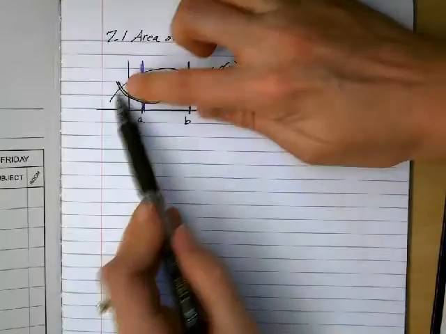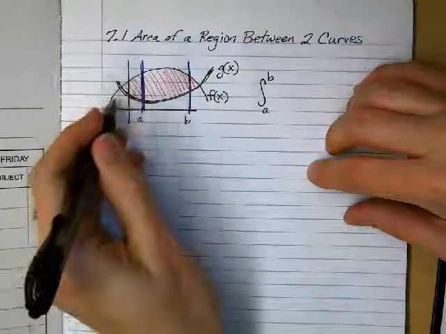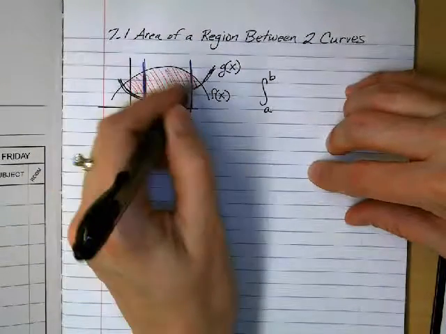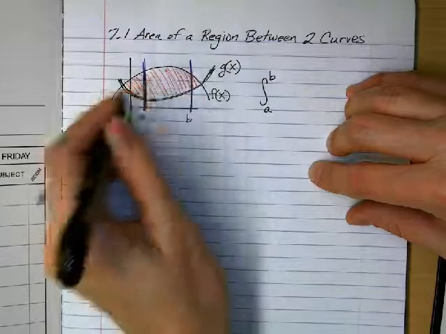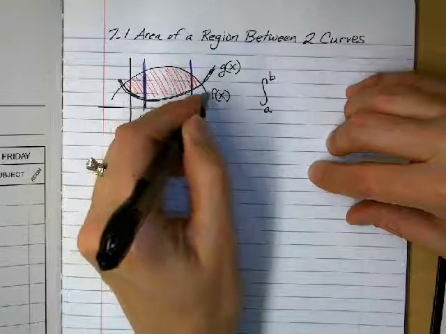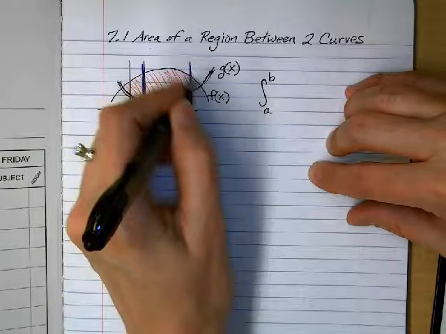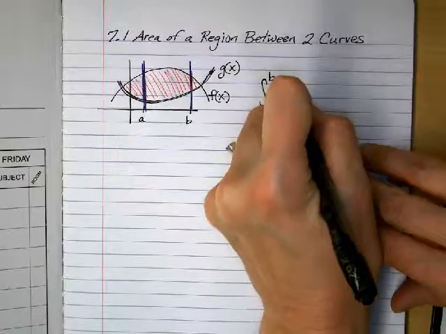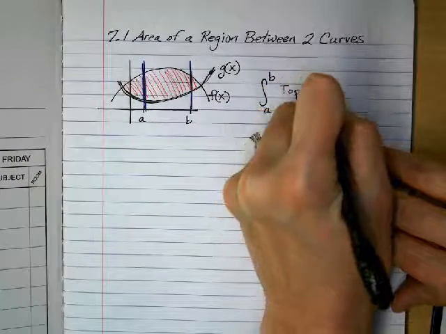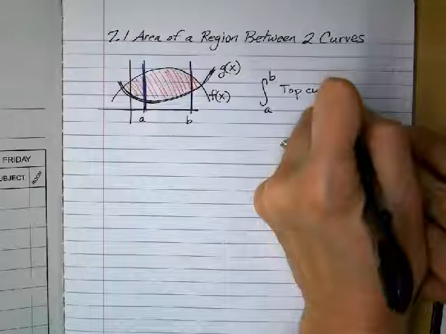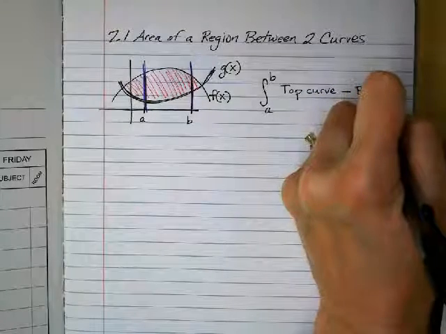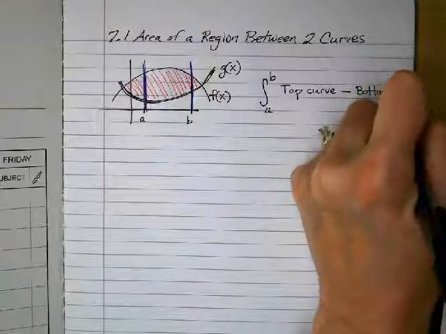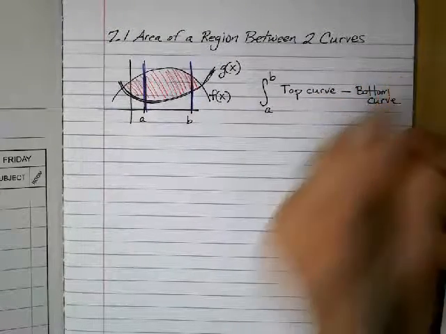And now you have to pay attention to which curve is the top curve. Which one was this one? I was trying to label it for you. This one is f of x. So you have to write the top curve, whatever it is, minus the bottom curve. That's basically how you're going to integrate.